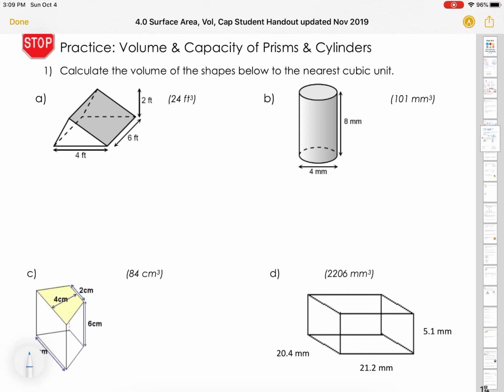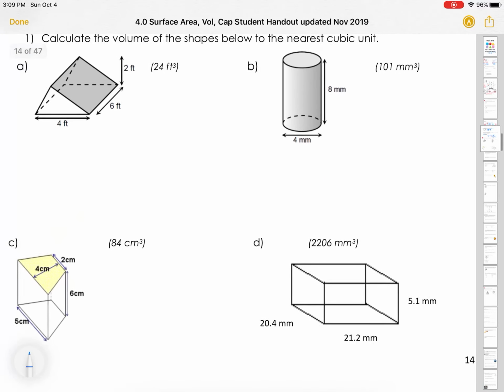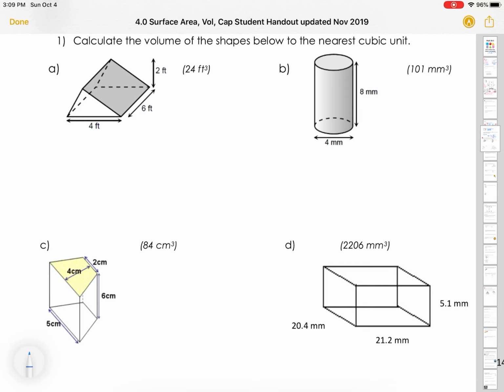If you're dealing with a prism that's not a rectangular prism, the shape that is not a rectangle will always be your base. So if we look at these, and it's even highlighted in C, this is your base. And here, if it's a triangular prism, the triangle is your base. For a rectangular prism, it doesn't matter because it's just length times width times height. For a cylinder, you're using that formula pi r squared h, and you're good to go.